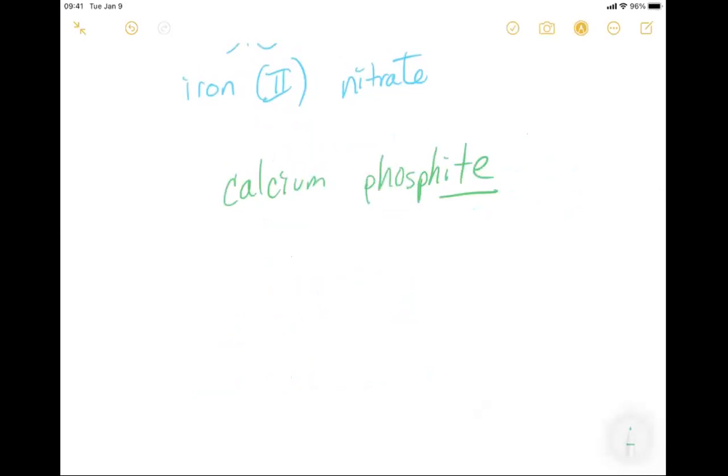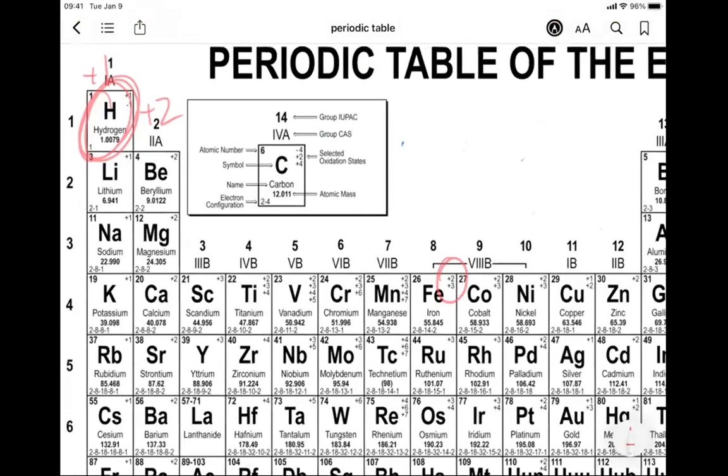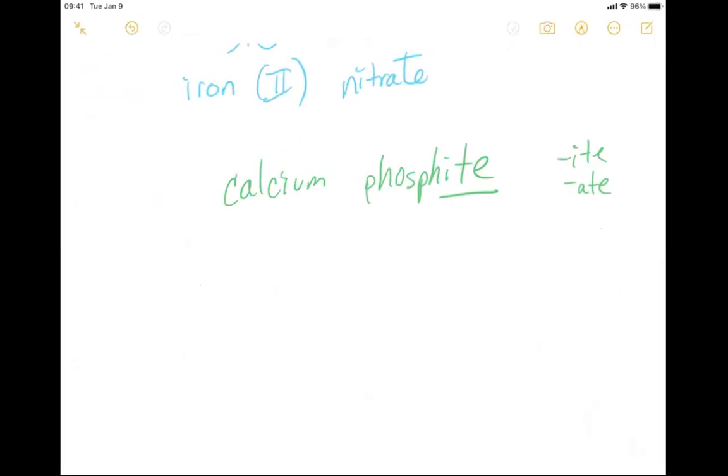If the ending is ITE or ATE, it is 100,000 million gazillion % from the flashcards. So then the only problem is, what's the formula for phosphite and what's the charge of that ion? Because calcium, you can come straight to the periodic table. You see calcium is in group 2, which means it's +2. So we've got Ca +2.